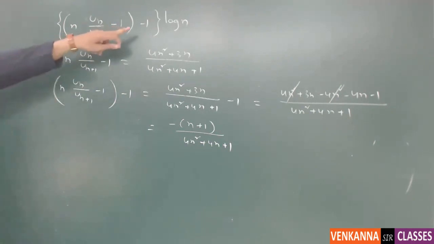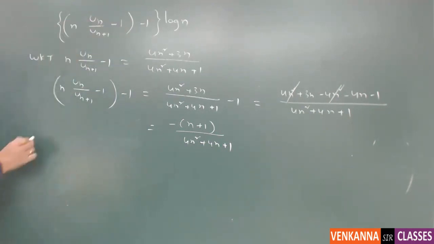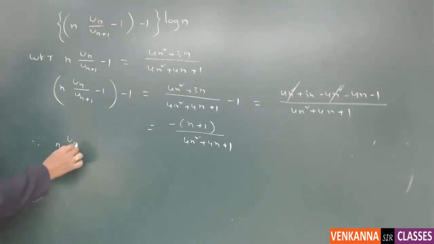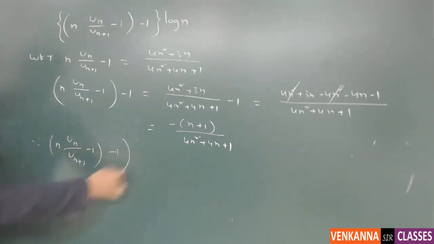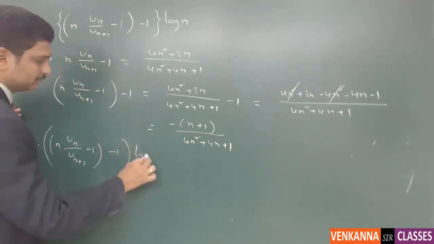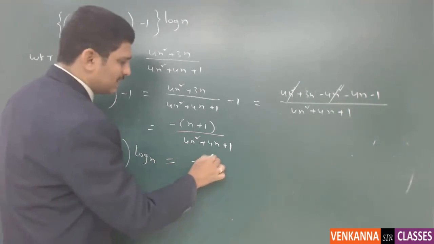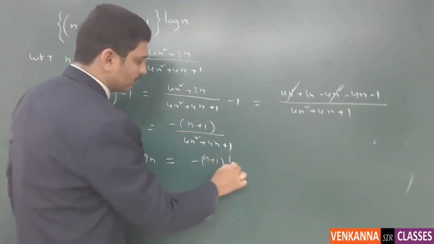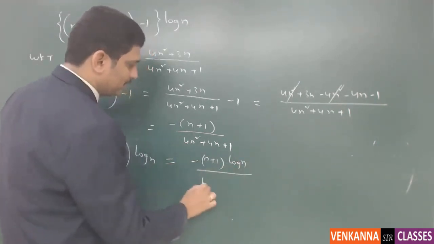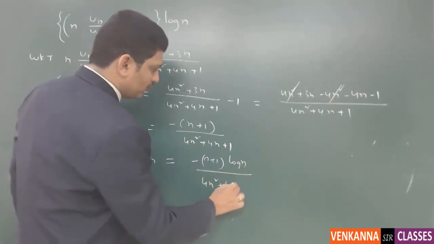Now here we are going to take the logarithm. Therefore, n into (un by un plus 1 minus 1) of minus 1 of log n. So minus of (n plus 1) into log n by (4n square plus 4n plus 1).